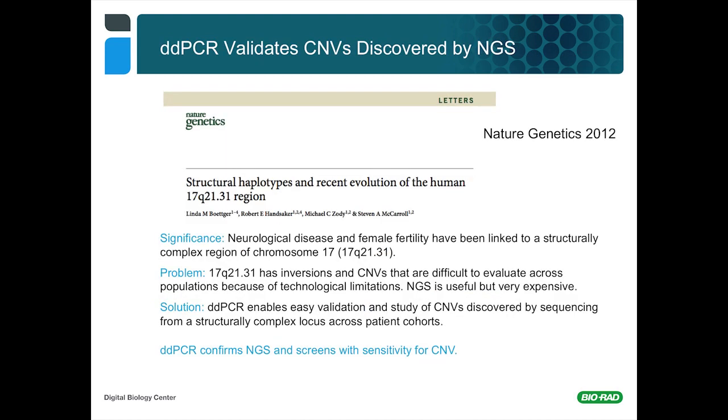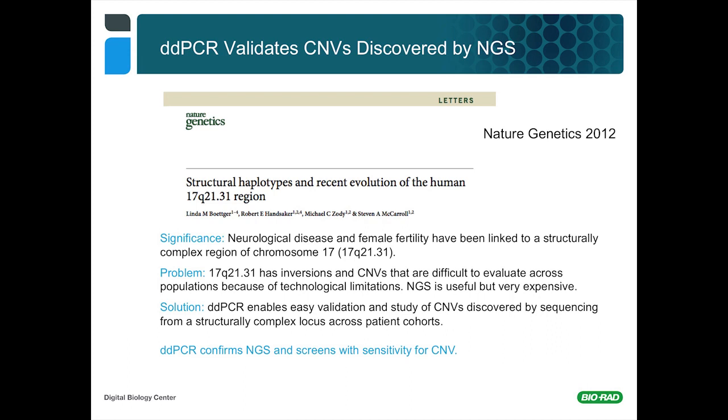And where might that be of interest? Well, the next couple of slides show you the deployment of this technology in the hands of workers in Steve McCarroll's lab. This is work published by Linda Boettger et al., trying to understand interesting structural variation in chromosome 17, where they have a 1 megabase inversion where certain medically important phenotypes map for both neurological disease and female fertility.